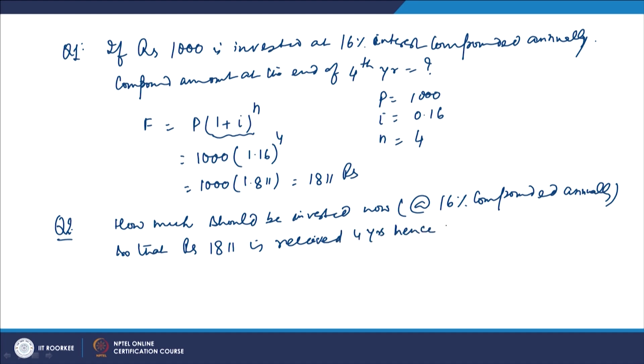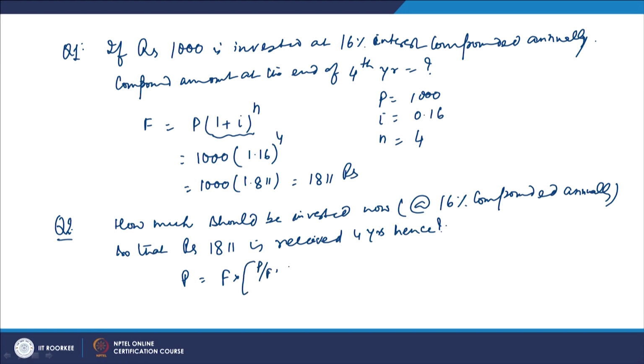In this case the factor used is the opposite one, the single payment present worth factor, which is (1 plus i) raised to the power minus n. You have to get P, and for that you multiply F with P by F, i, n.